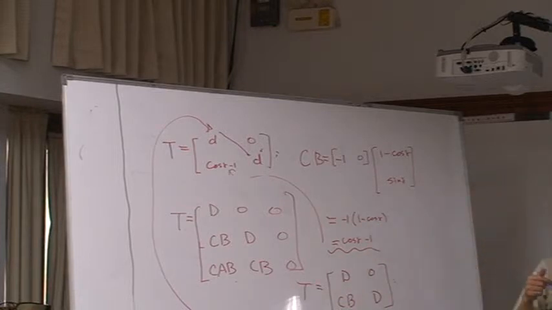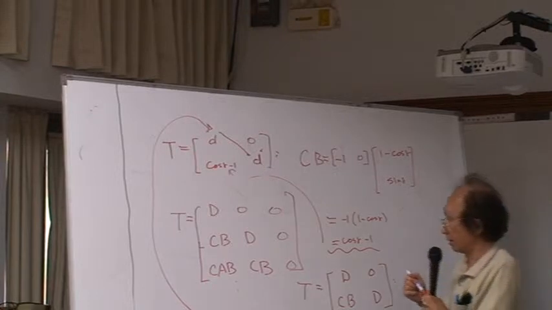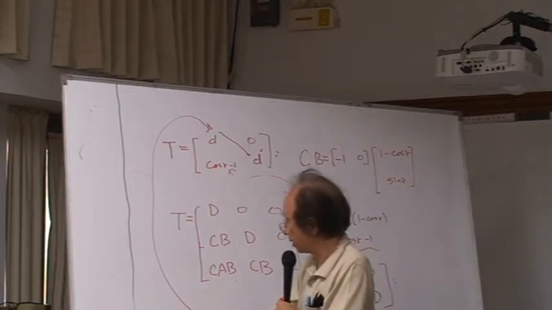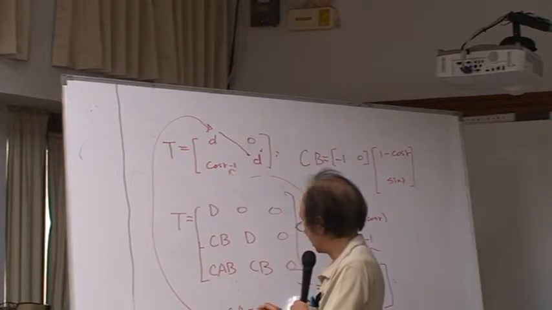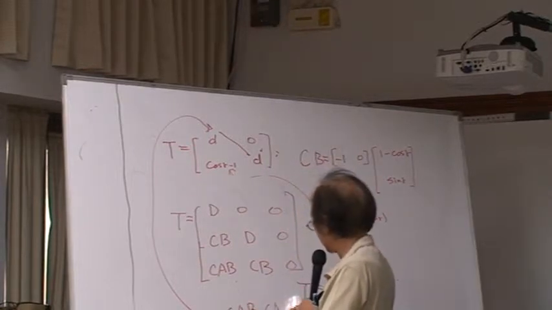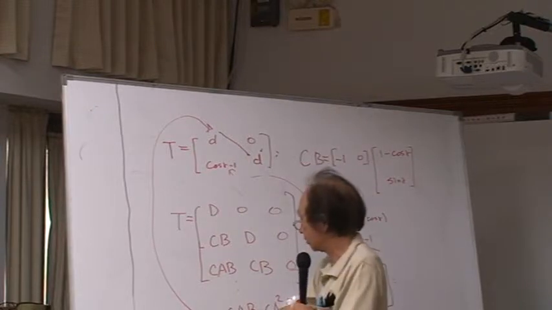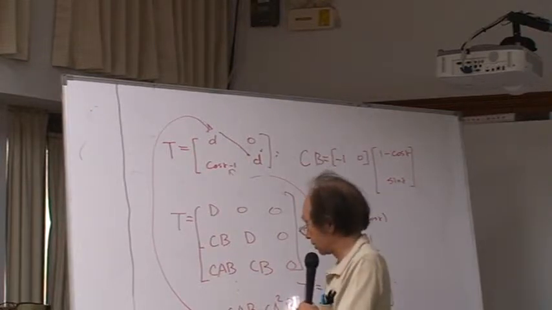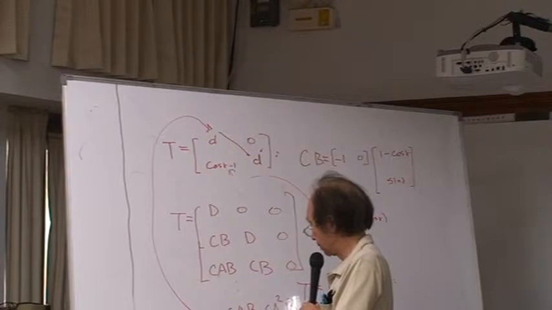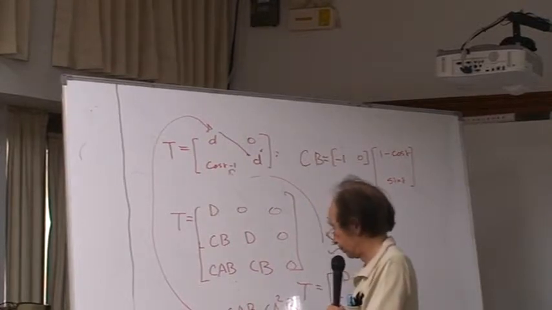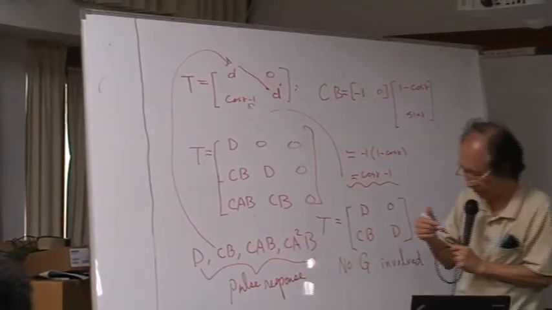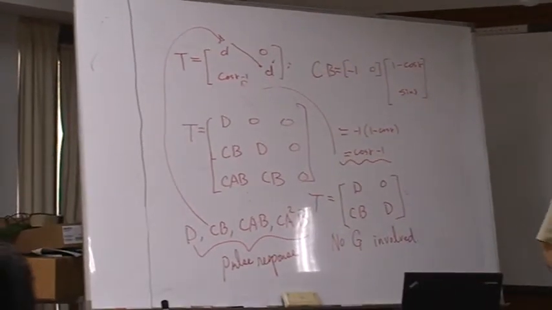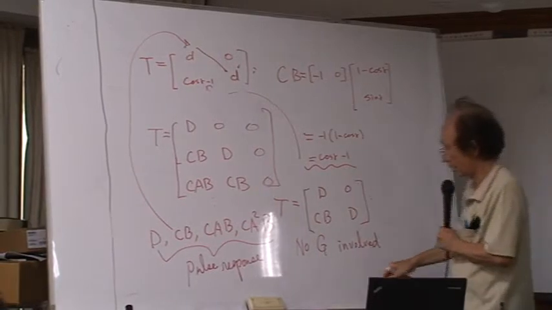So that is the T term. And what is this? D, CB, CAB, CA square B. What is this? This is the pulse response.